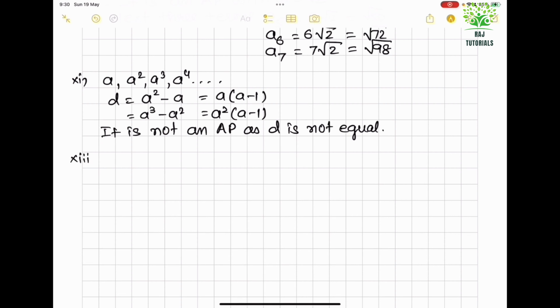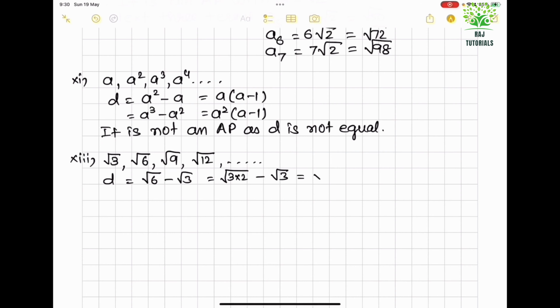Then the 13th one, it says root 3, root 6, root 9, root 12, and so on. So D will be root 6 minus root 3. Can I write it like this? See, root 3 into root 2 minus root 3. If I take root 3 common, root 2 minus 1.